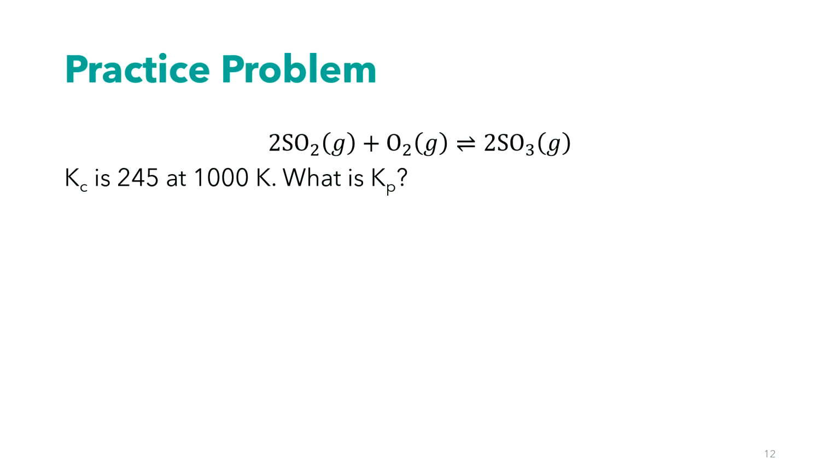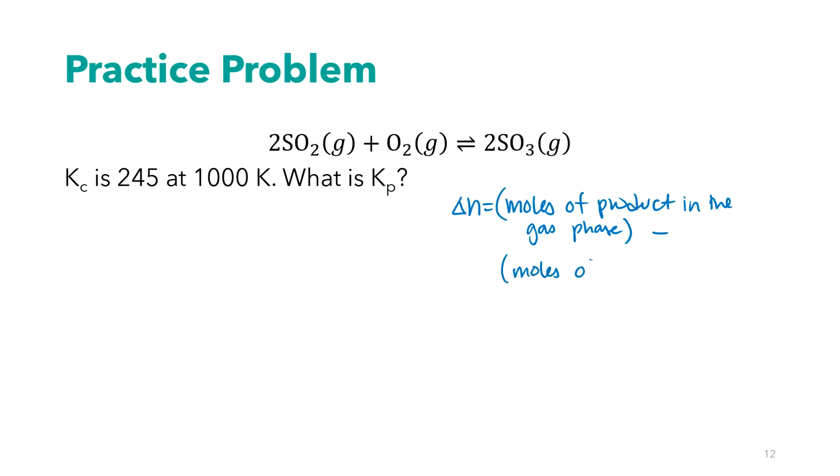All right, so using that equation on the last sheet, answer this question, where delta N equals moles of product, and this has got to be in the gas phase, minus moles of reactant in the gas phase.